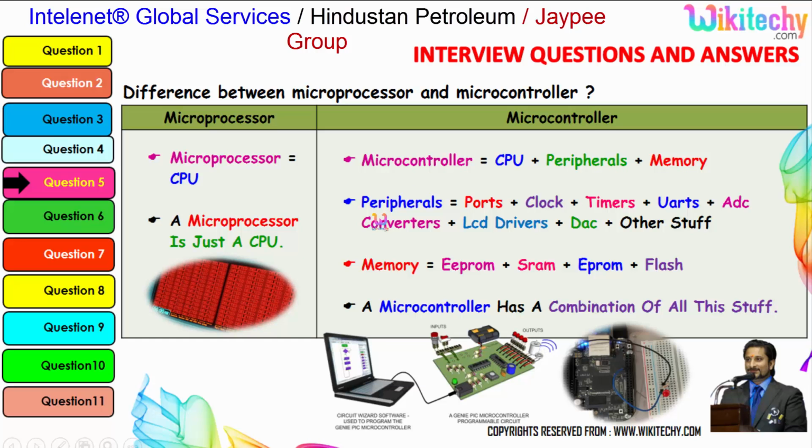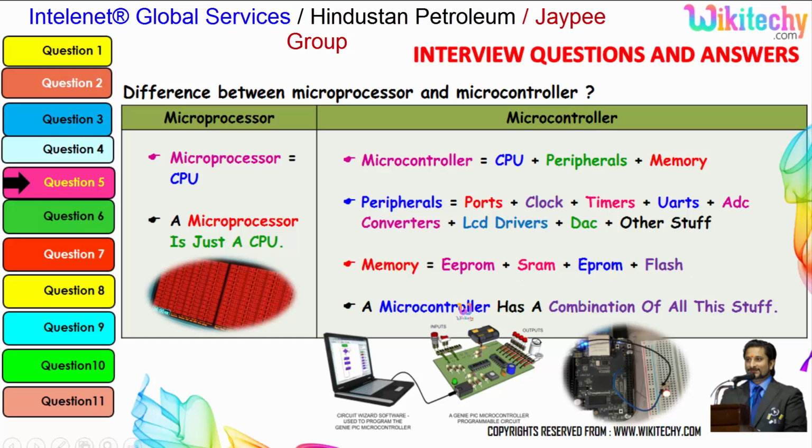The peripherals include ports, clock, timers, UARTs, analog to digital converters, LCD drivers, digital to analog converters and many other things. Apart from that, the memory includes SRAM, EEPROM and flash memory.